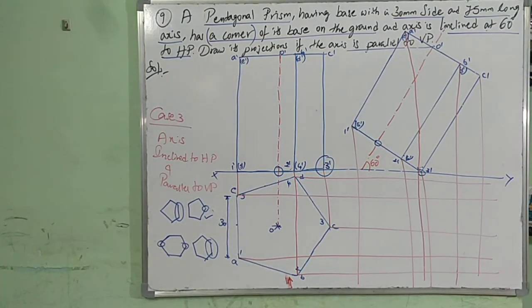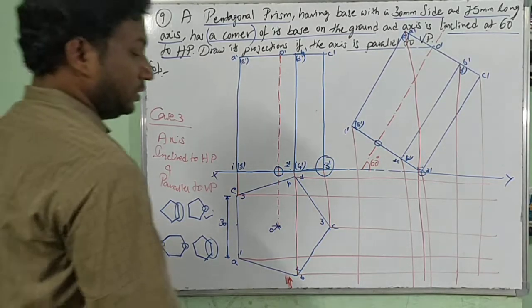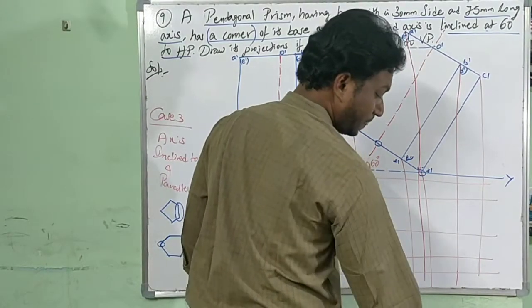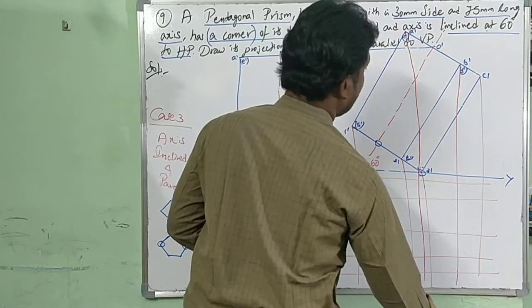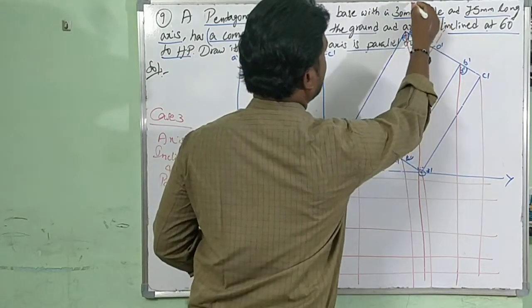Observe them from the top view. Second stage top view, you have to draw. Second stage, from the second stage front view, you have to draw the top view. Second stage front view, right? The top view is nothing but I am looking from here.